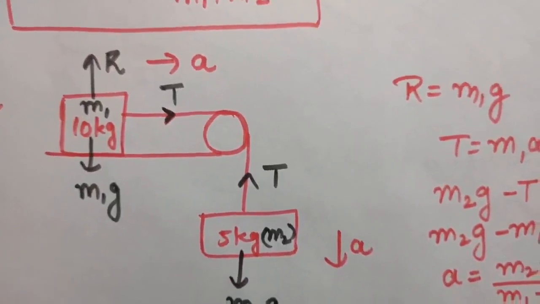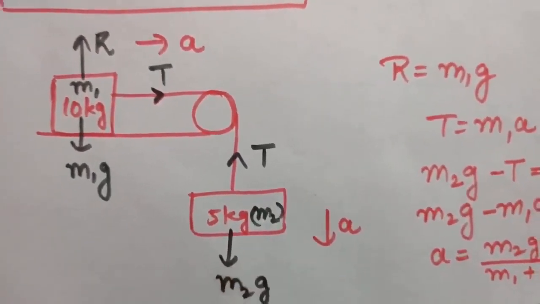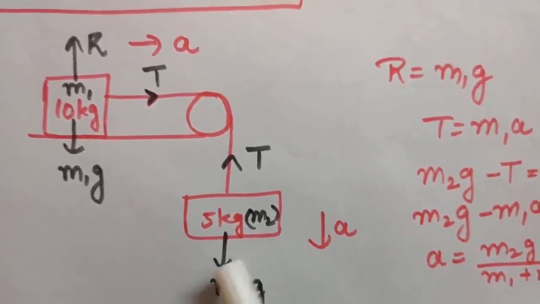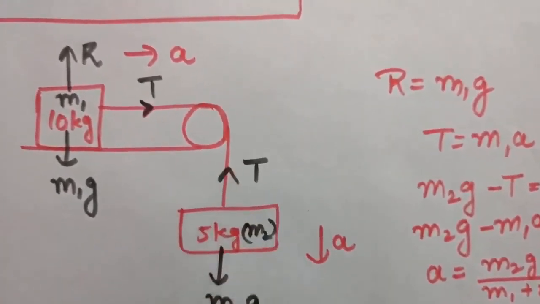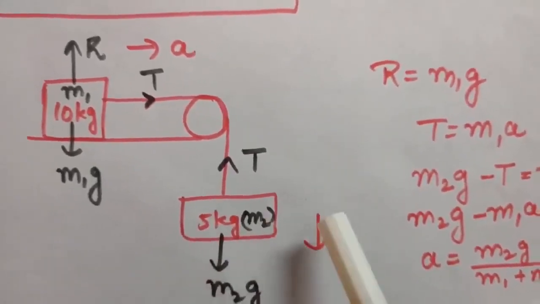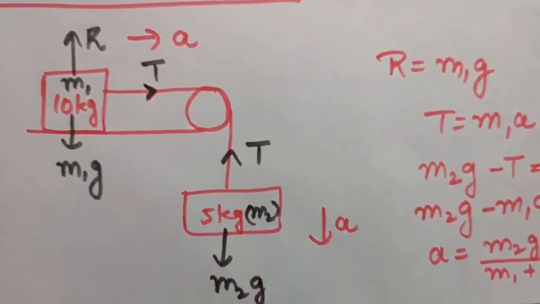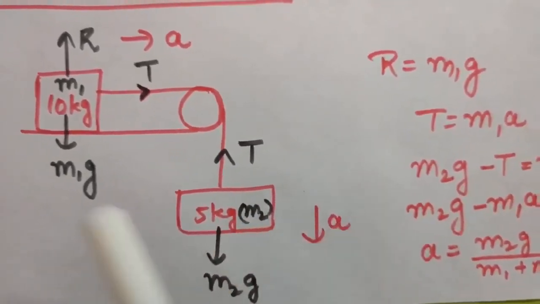Okay, now come to this block. Again its weight will be acting downward, m2g, but now this force is applied on the string, so the tension will be applied upwards. That is a reaction force. Now again see, if I am saying this block is moving downward with acceleration a, that means this will also move.